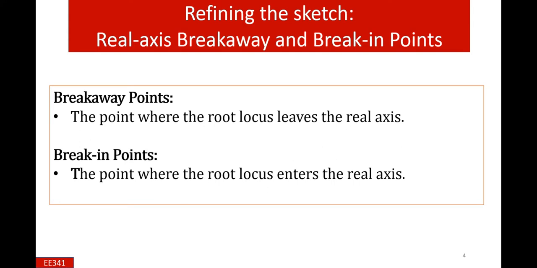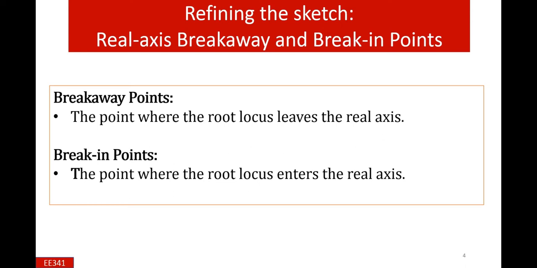On the real axis, when there are two poles and the root locus lies between them, there is some point in between those two poles on the real axis that is part of the root locus.